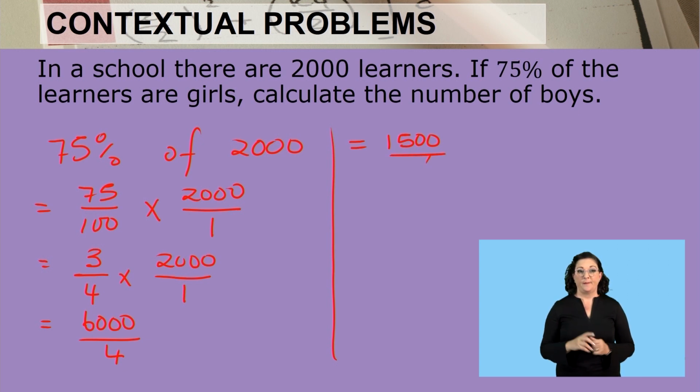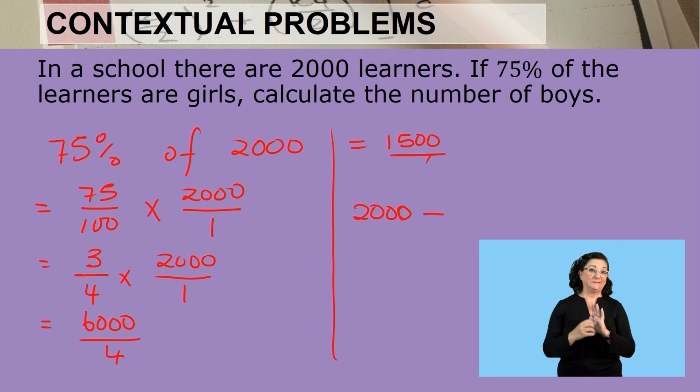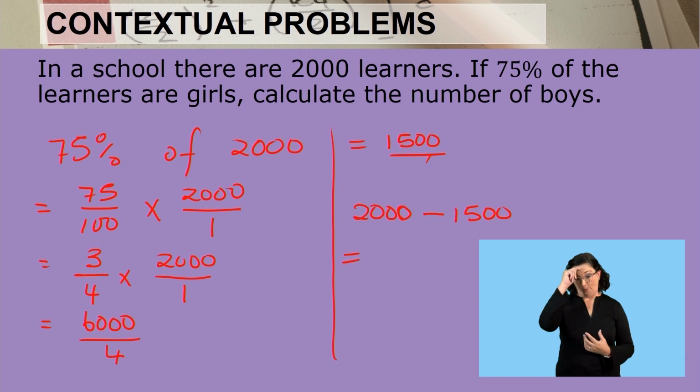Now we then say the school population has 2,000 learners. If we subtract 1,500 girls, how many learners would be left, and those would be boys. So 2,000 subtract 1,500 will give us 500. And we now know that we have 500 boys.